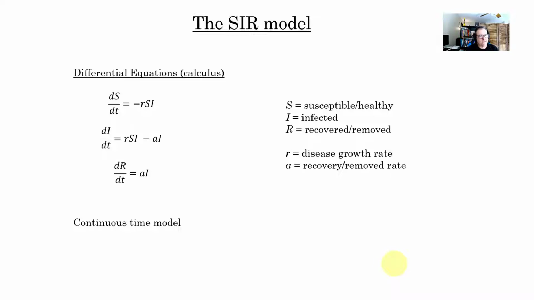So if you aren't familiar with the SIR model, a quick recap of what it is. Of course, we have the three categories: the susceptible and healthy, that's S. I represents the number of people that are infected in the population. This capital R represents the total number of people in the population that are recovered or removed. Removed in the sense that they can no longer get the disease. They are not infected and they are not susceptible any longer.